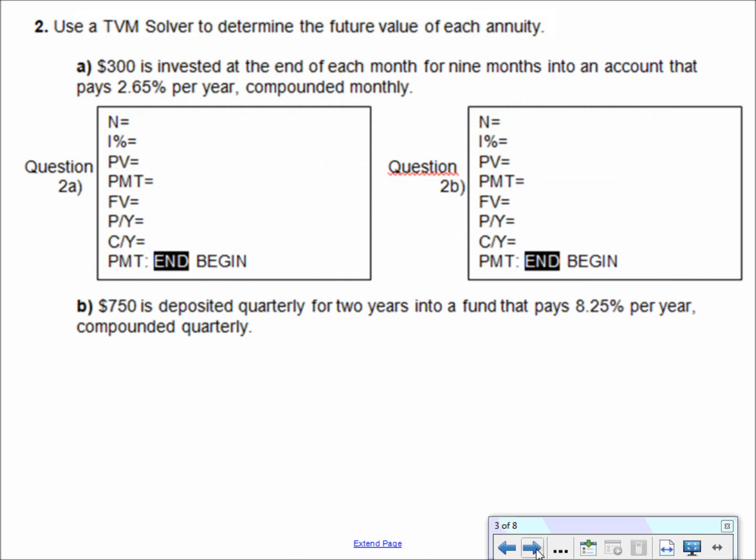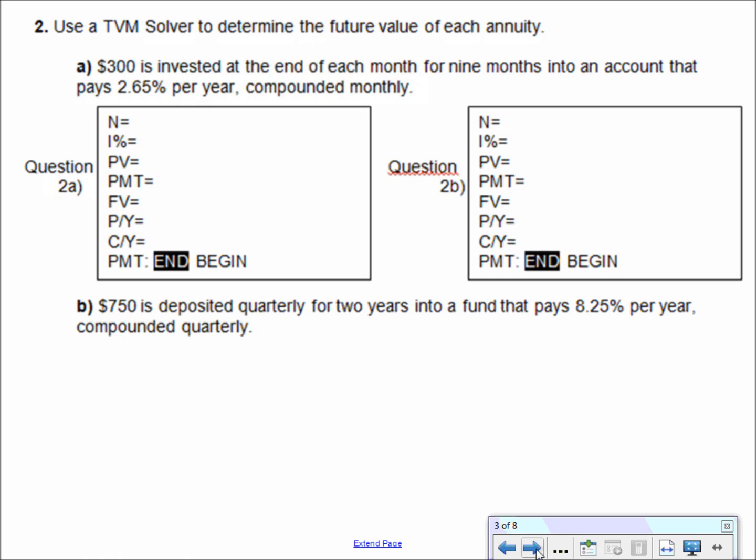All right, let's try a couple more. Use your TVM solver to determine the future value of each annuity. So 2A. $300 is invested at the end of each month for 9 months into an account that pays 2.65% per year compounded monthly.